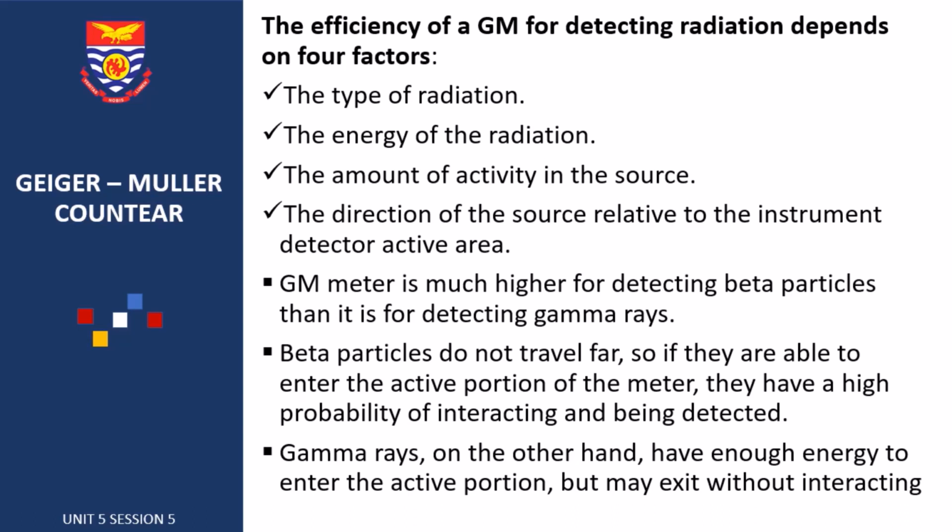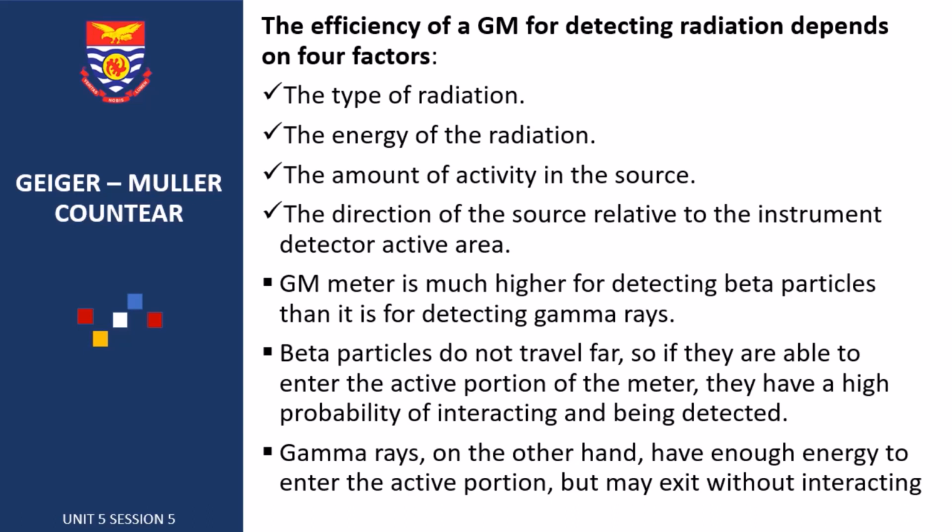Also, the amount of activity in the source, so in the radioactive material. Then also the direction of the source relative to the instrument detector active area. So is the detector's active area close to the source of radioactive material?